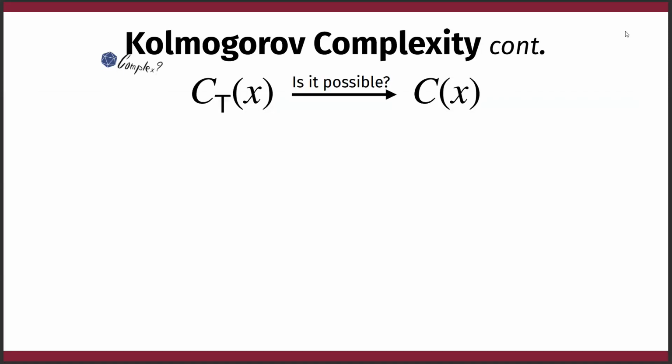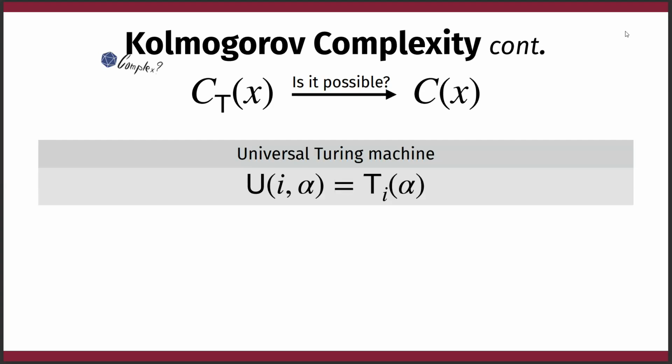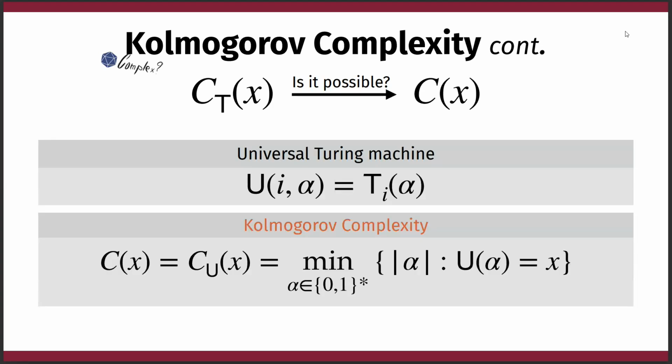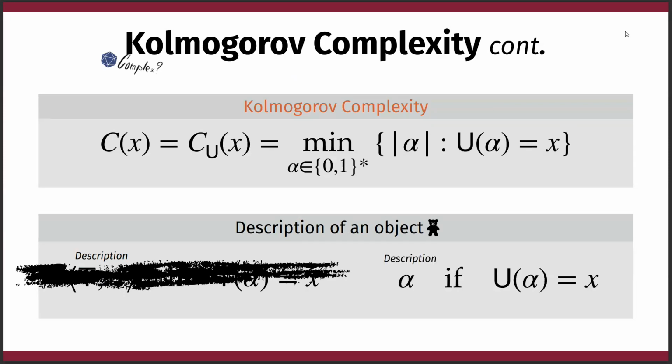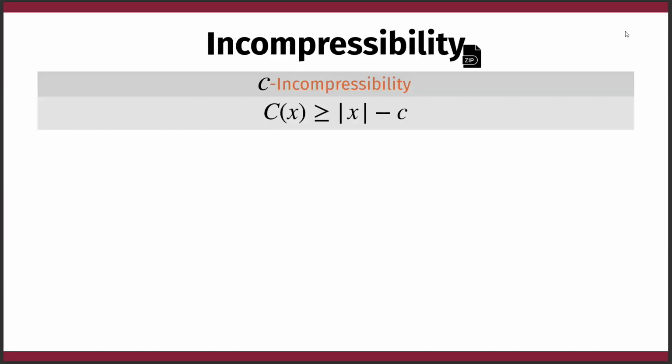Now, the problem with this notion is that it depends on the algorithm, but we would like to have some kind of universal estimation of the complexity, especially when we want to prove security, and we can do that by using a universal Turing machine. So we set the universal Turing machine as the Turing machine of the Kolmogorov complexity. So now the description is not a pair anymore, but it's simply the input of the universal Turing machine. So from this notion, we can define c-compressibility.